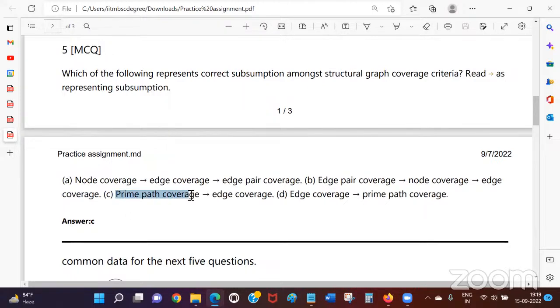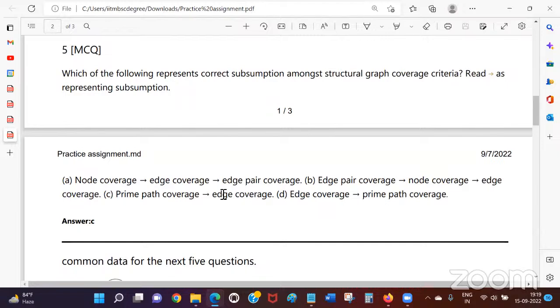Edge coverage subsumes the node coverage, because what you can cover using node coverage, the same or more could be covered using edge coverage. So if you have edge coverage, you can guarantee node coverage, but the reverse may not be true. If you have prime path coverage, you can guarantee edge coverage, but the reverse is not true.